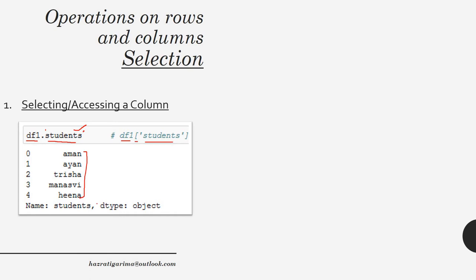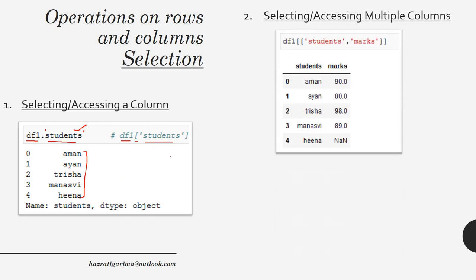Next, if I want to access multiple columns, then I have a method like this. If you do it the earlier way, it will give you an error. So to access multiple columns, we have to write it this way: your object name df1, first bracket, then second bracket, and after that the names of the columns, as many as you want, separated by commas, then close both brackets.